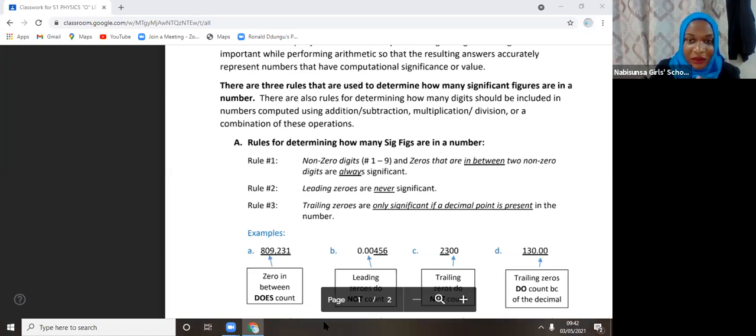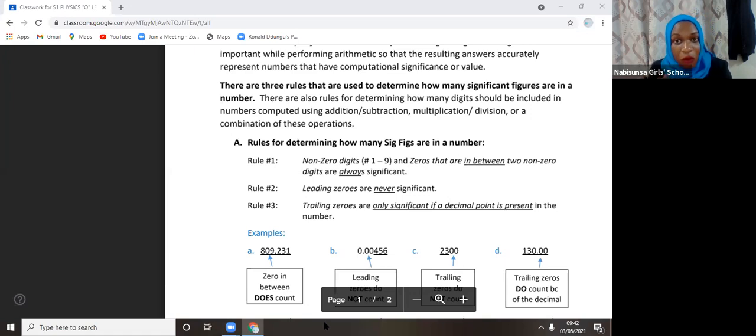So we are saying in example C, 2,300, the 2 zeros are trailing. We are not going to count them as significant because there is no decimal point. We should be able to give ourselves these reasons. Since we don't see any decimal point anywhere, we are not going to count those zeros as significant even if they are trailing. But when you look at example D, example D has 130.00.